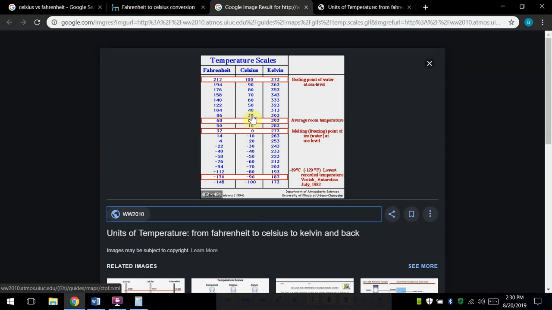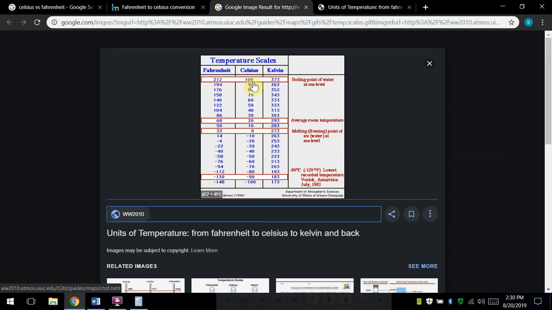So similarly, 37 is not an integer number of Fahrenheit degrees. 37 is, of course, 98.6. 40, a lot of places are recording degrees of 40 degrees or more Celsius, which is 104 degrees. And finally, you've got the boiling point of water. 100 degrees Celsius, its Fahrenheit is 212.